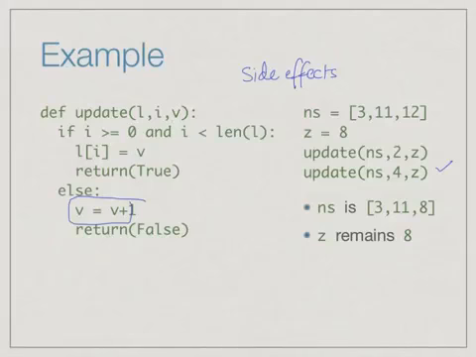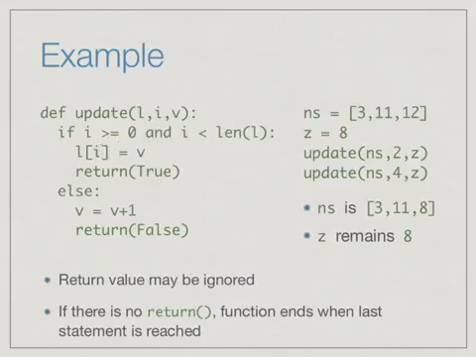Now there are a couple of other points to note about this function just to illustrate. One is that we have here 2 return statements, return true or return false. The idea is that they indicate to the calling function whether or not the update succeeded.